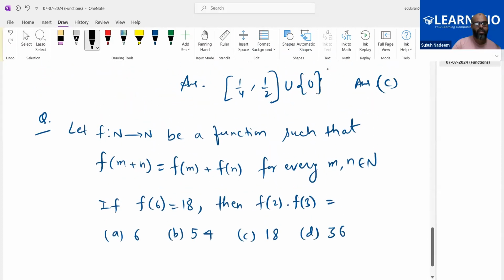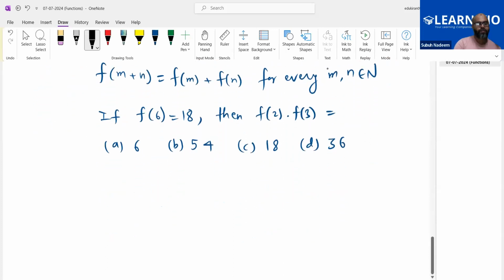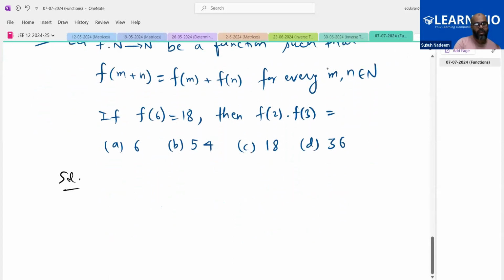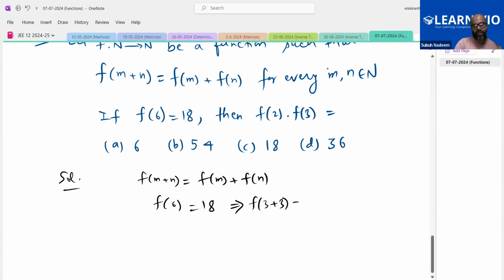Okay, let us discuss. So we have here f of m plus n equal to f of m plus f of n, and f of 6 is equal to 18. So we can write f of 6 as f of 3 plus 3 is equal to 18.